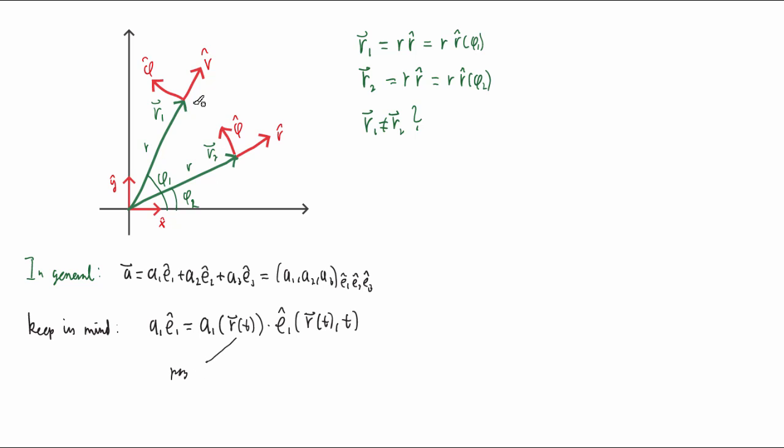So A1 can depend on the position of the object we're working with, or it can depend on the origin of the global frame. The unit vector can depend on position if the coordinate system is curvilinear.